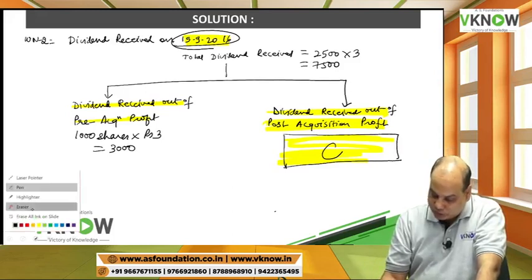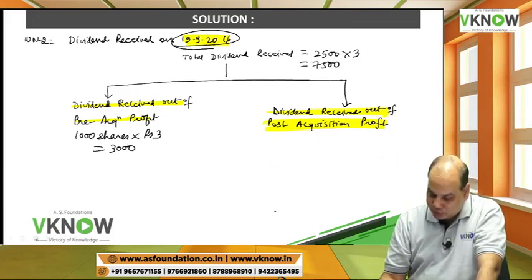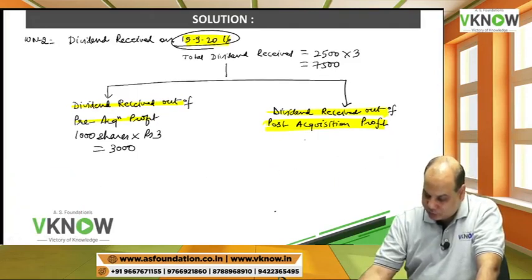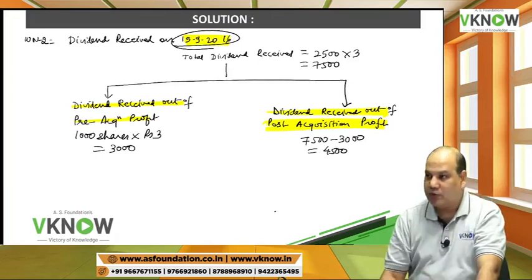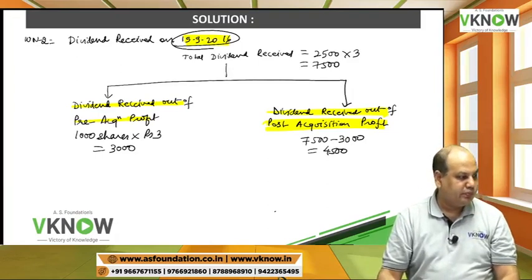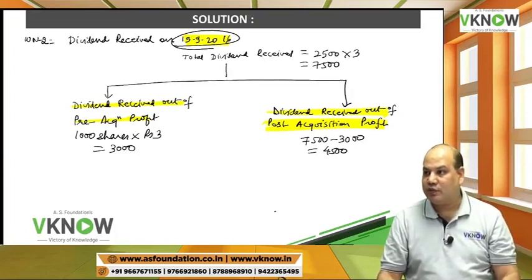And the next answer, what is the dividend out of post-acquisition profit? Balancing figure: 7500 minus 3000, 4500. I explained this yesterday also for half an hour.